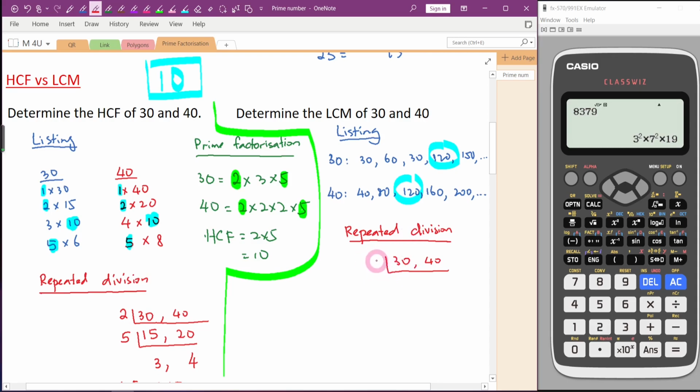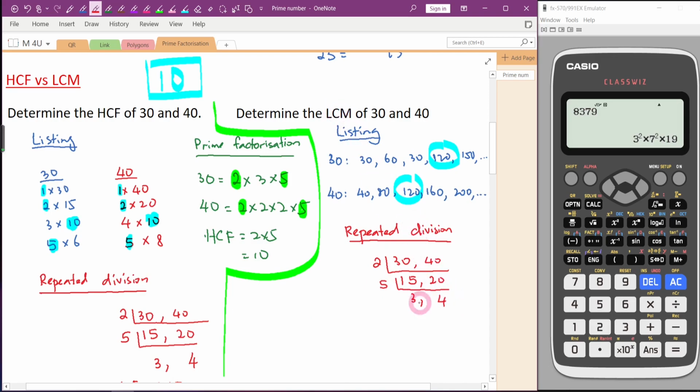Okay, let me start with prime numbers. 30 divided by 2, you get 15. 40 divided by 2, you will get 20. Now, it can be divided by 5, right? Okay, so you see, the same method, same steps, but we need to proceed.